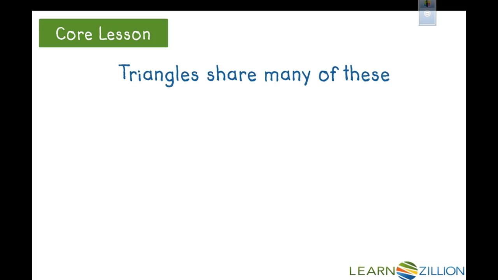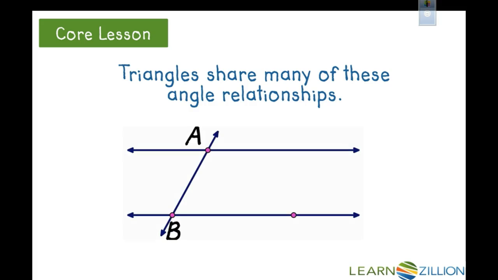Triangles share many of the same angle relationships because every triangle can be formed this way. Start with a set of parallel lines and then add a transversal. Next, we'll create another transversal that intersects the first transversal at the parallel line. This creates a triangle. This triangle began with a transversal, and line AB also created a set of alternate interior angles.